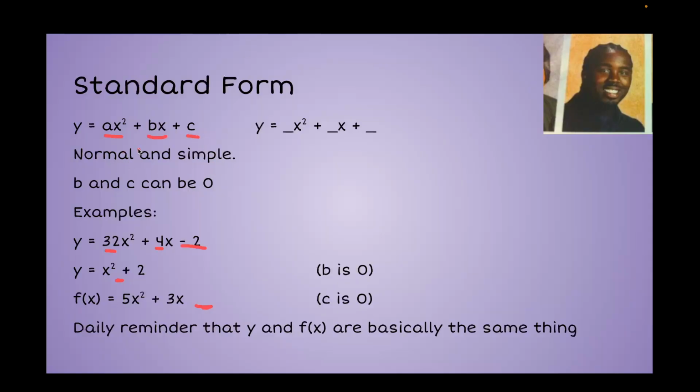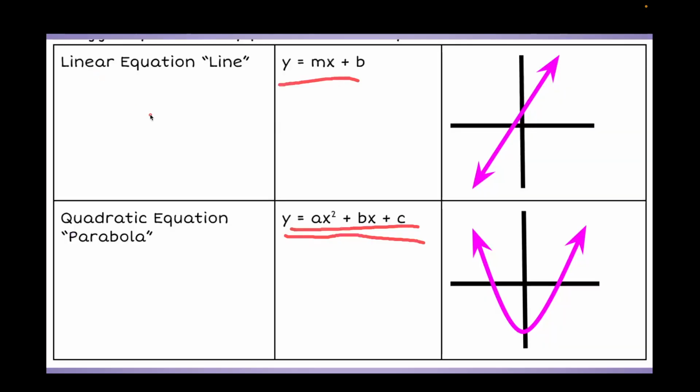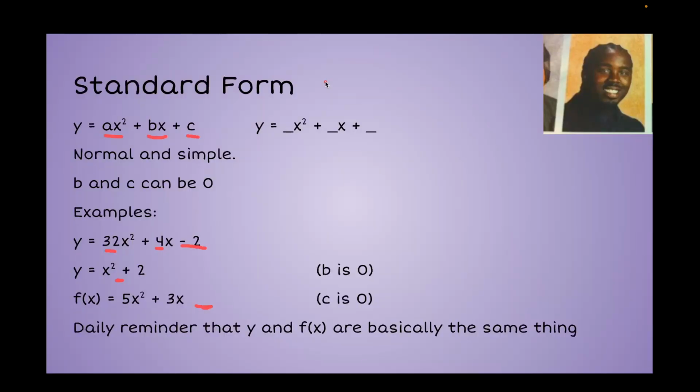A can't really be 0 because then you're just going to basically have a linear equation like this. Then it's not really a quadratic. Another reminder is that y and f of x are really the same. I'm gonna just be switching between them randomly, and hopefully that'll make it clear that they're really the same thing.